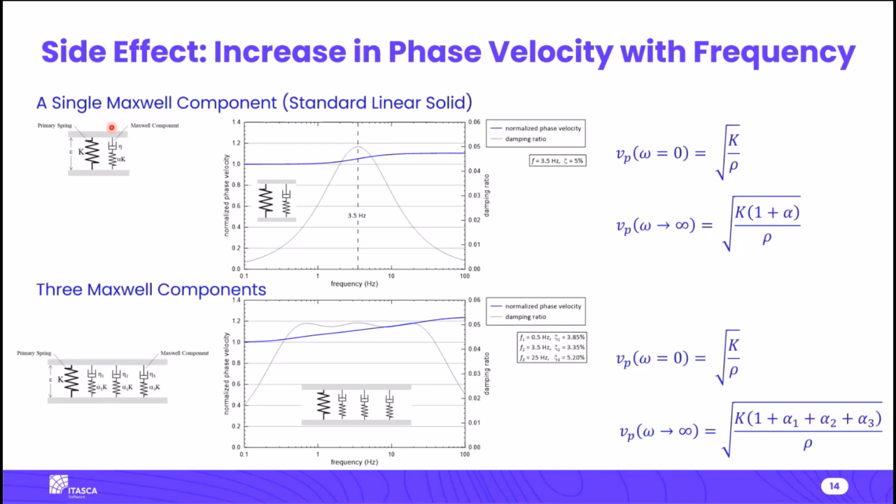And just from inspection of this model, you can see that if this dashpot becomes infinitely stiff at high frequencies, you can do a hand count to see what the phase velocity is going to be.